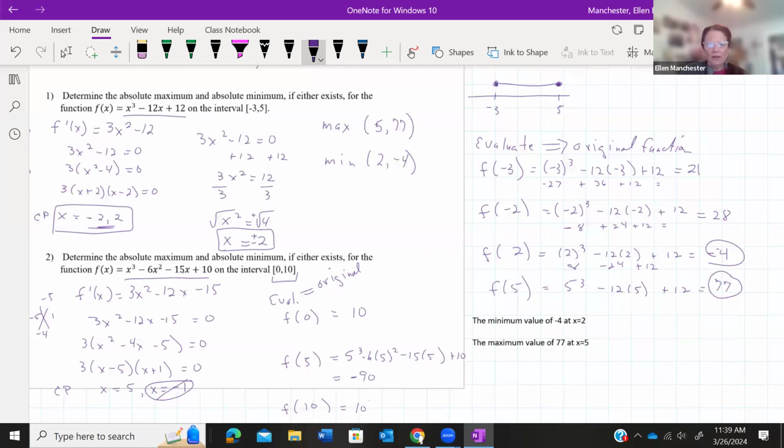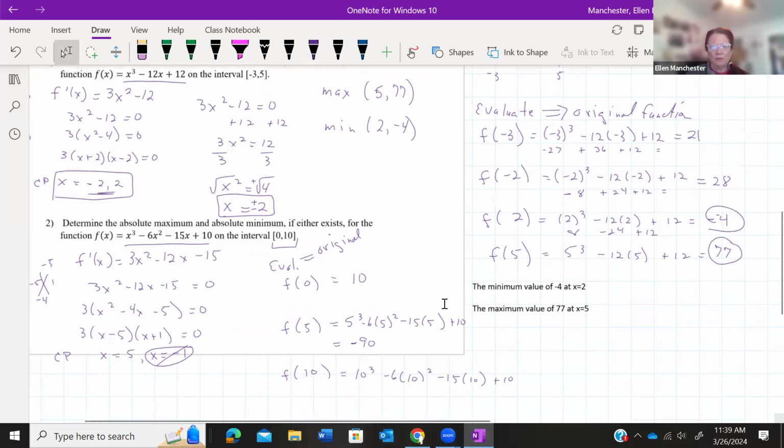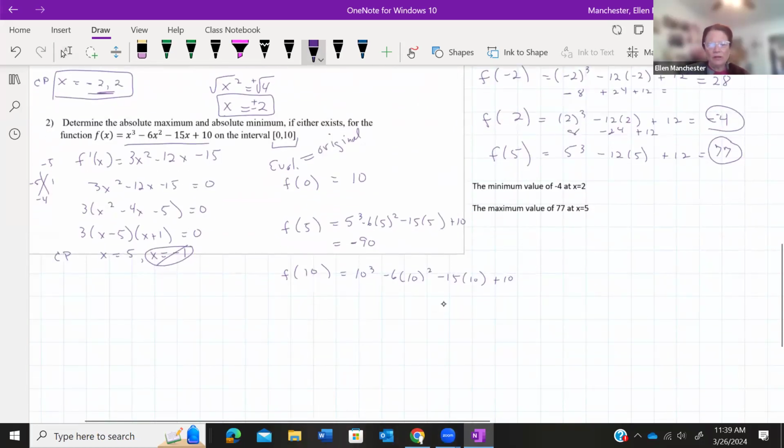And then 10 cubed minus 6 times 10 squared minus 15 times 10 plus 10. So 10 cubed is 1,000. Minus 600 minus 150 plus 10 is 260.